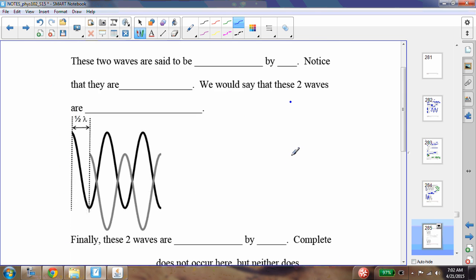Now these two waves, notice we go through a cycle of a half a wavelength and then the next wave starts. These are said to be out of phase, I guessed it, by a half a wavelength. Notice that they are also completely out of phase.